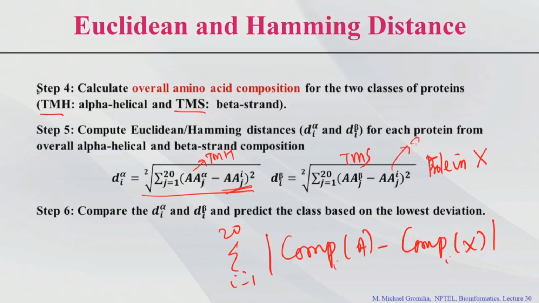Get the difference, square it, sum up and take the square root, and then you get d alpha i and d beta i. Then you compare these two, d alpha i and d beta i, whether obtained from the Euclidean distance or the Hamming distance, and it will tell you whether your protein is TMS or TMH.